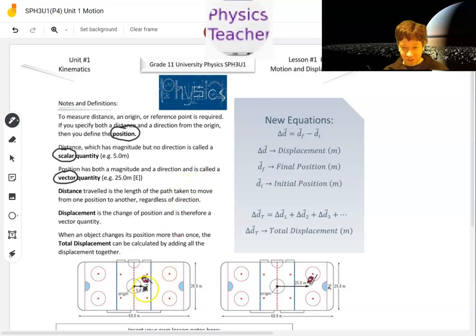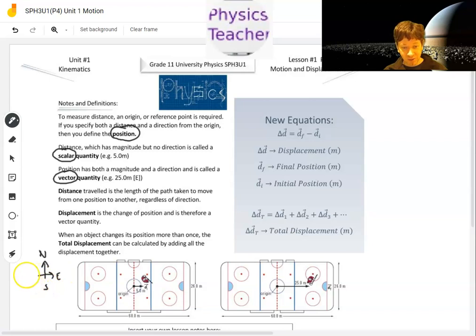Okay, so let's look over here at this hockey player. And let's say the center of the rink is the origin. Well, it looks like this person is 5 meters. Let me just add a little coordinate system. There's north. So he's 5 meters east of the coordinate system. That's a position. Right? Notice that there's a direction.